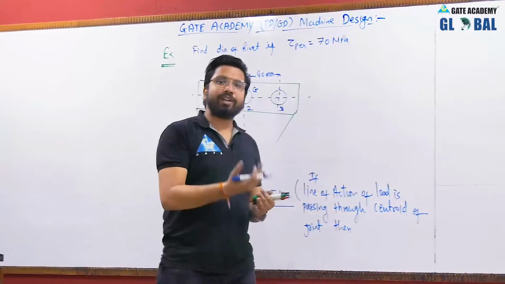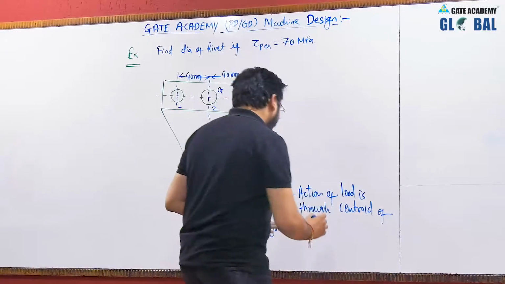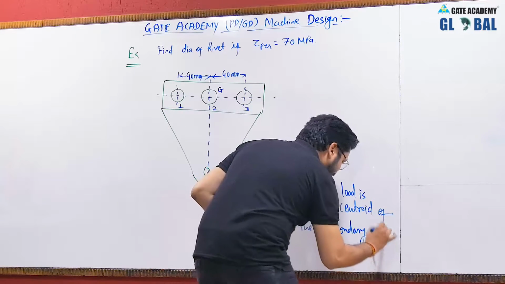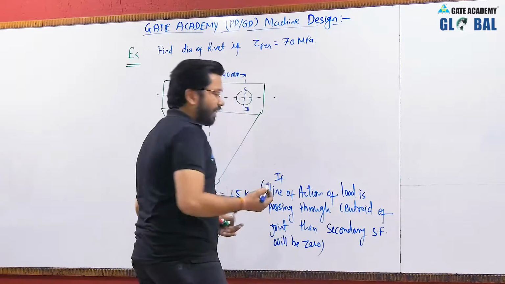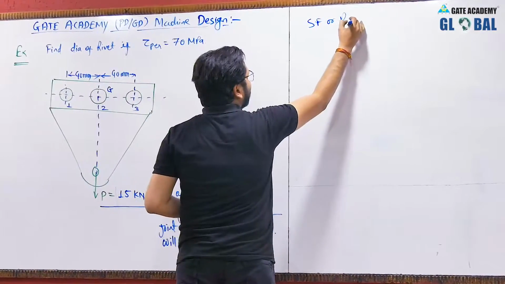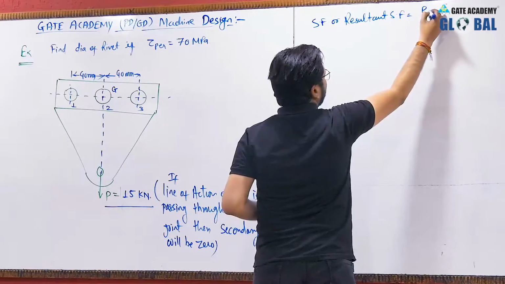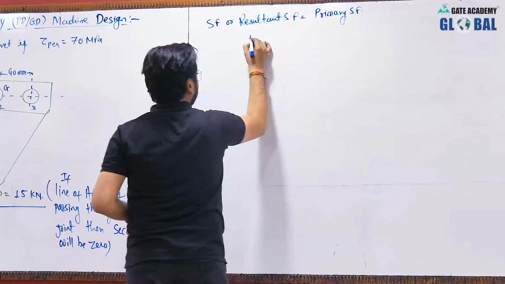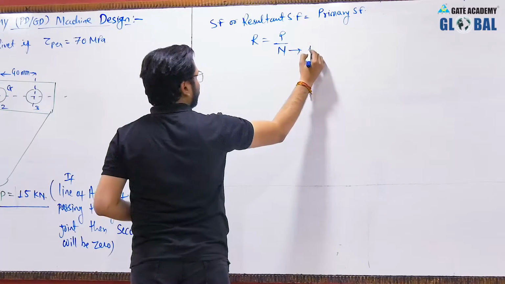As there is no moment of the force about the centroid, definitely the secondary shear force will be 0. Then the resultant shear force will be equal to the primary shear force. So R will be equal to P by N, where N is the number of rivets.